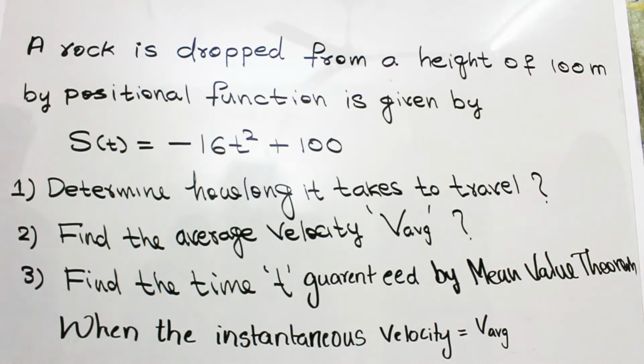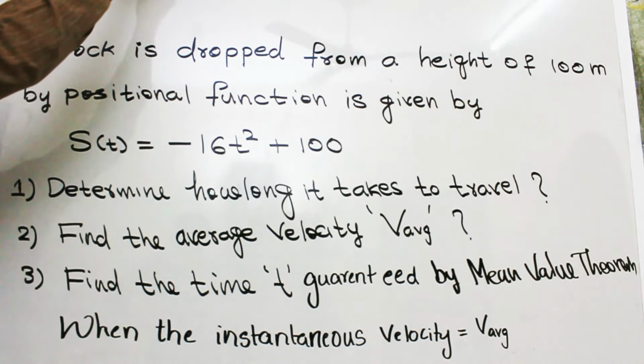The first question is to determine how long it takes to travel, which means what is the time taken for this body to travel. The rock is 100 meters apart from the ground.